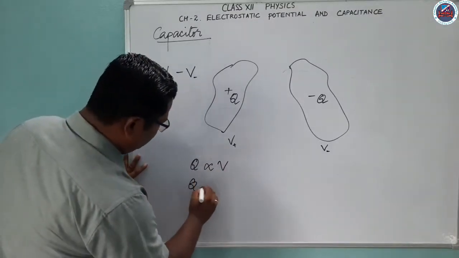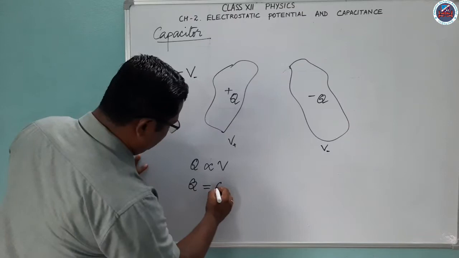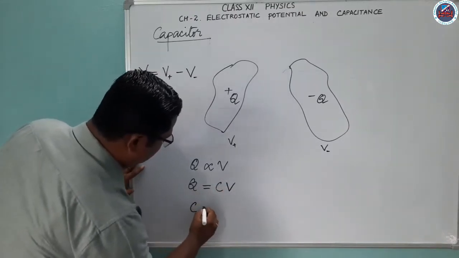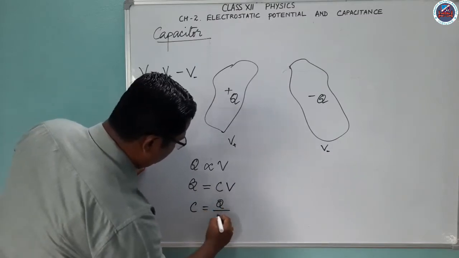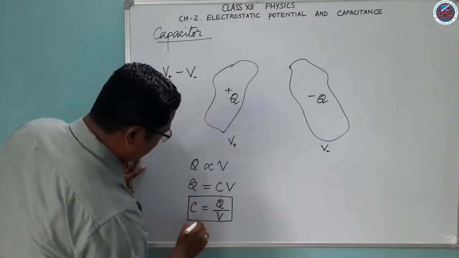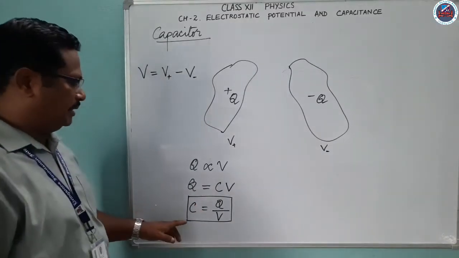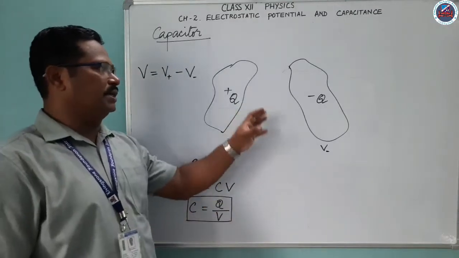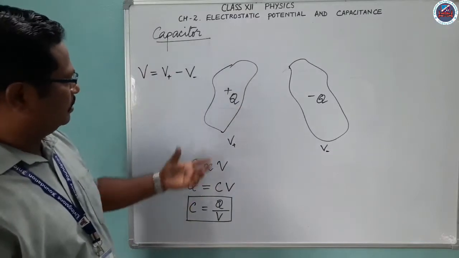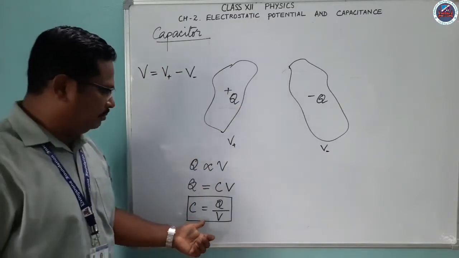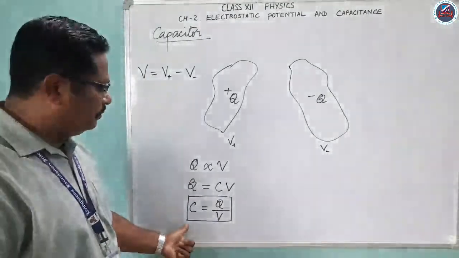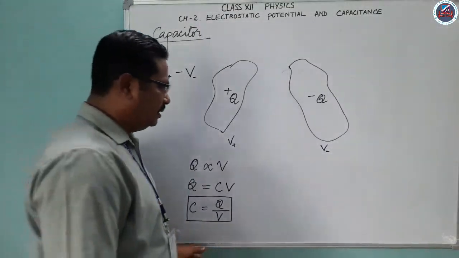To remove the proportional sign, we use a constant called capacitance. We write it as C, so C is equal to Q by V. Capacitance C is the charge per unit potential difference. When I say capacitance, the capability of holding charge in a capacitor is given by the charge Q divided by potential V. The SI unit of capacitance is farad.